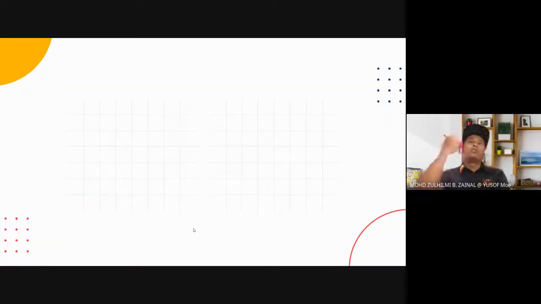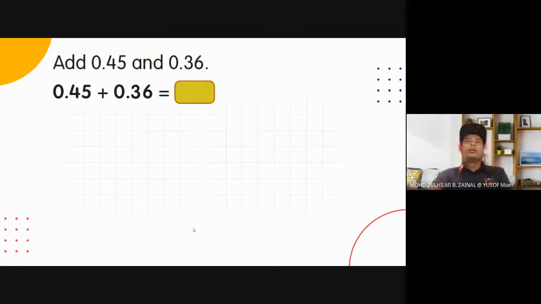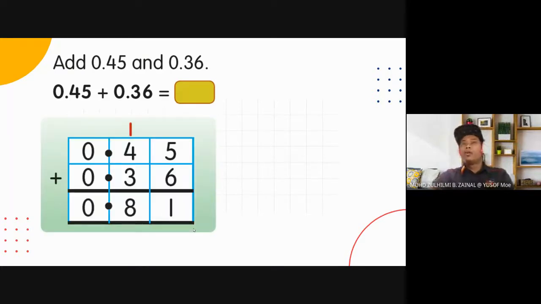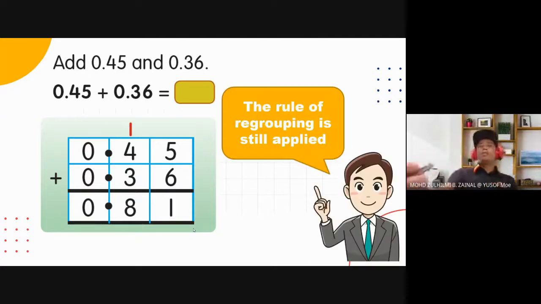Okay, next. The third one, add 0.45 and 0.36. Yang easier. 0.45 plus 0.36 equals to, macam mana nak buat? Okay, this one is going to use the rules of regrouping. Kena guna regrouping.